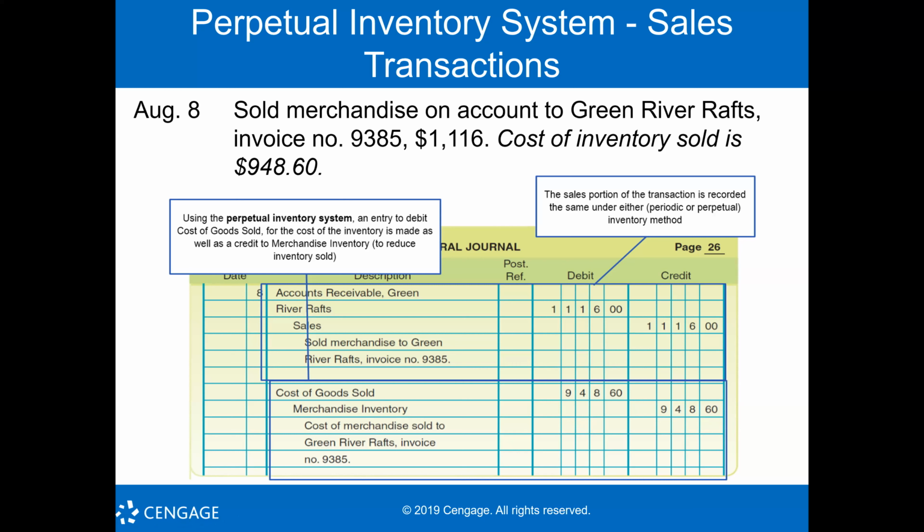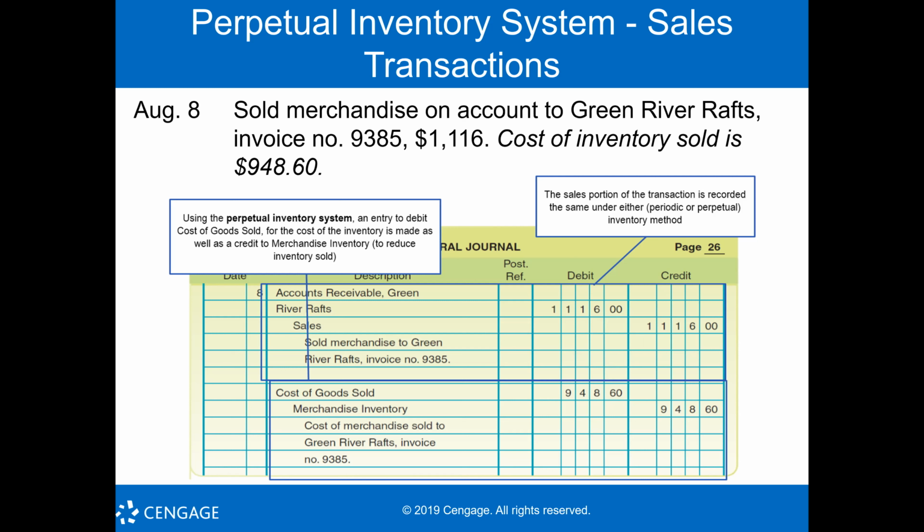Cost of inventory sold is $948.60. This cost of inventory sold, which is also known as cost of goods sold, is new with the perpetual inventory system. We did not use this cost of goods sold account under the periodic inventory system. So this is new to us.